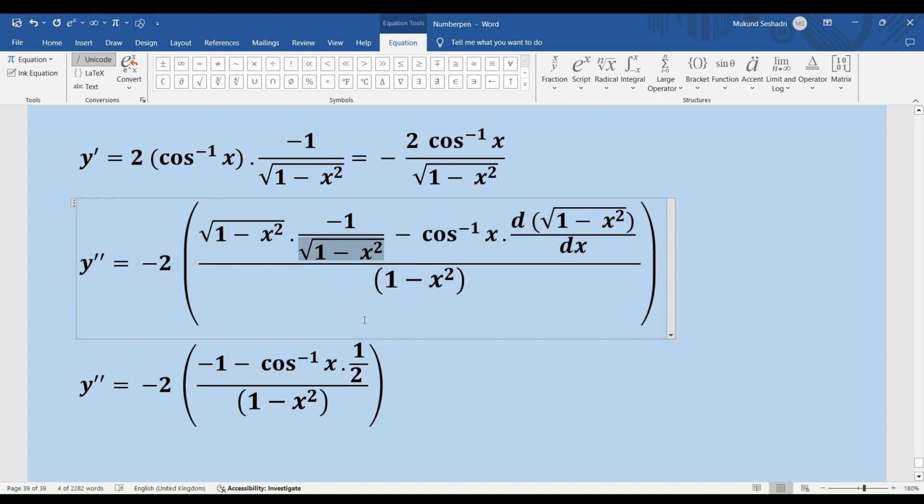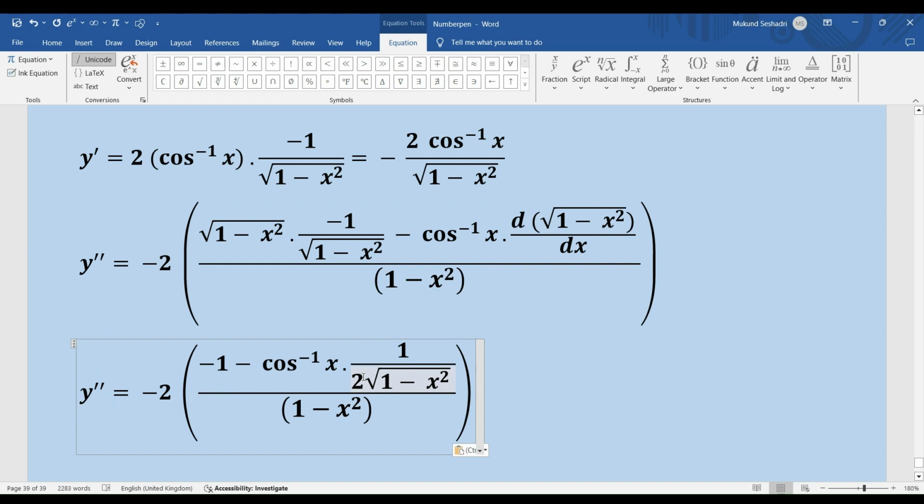It's nothing but 1 by 2 times square root of 1 minus x square, because d by dx of a square root function is nothing but 1 by 2 square root, which means d by dx of square root of x is nothing but 1 by 2 root x. So I do that, and instead of x I have 1 minus x square. Then when I apply the chain rule, I go into my function inside the square root, which is 1 minus x square, and I differentiate that with respect to x. And what do I get? Minus 2x, right?